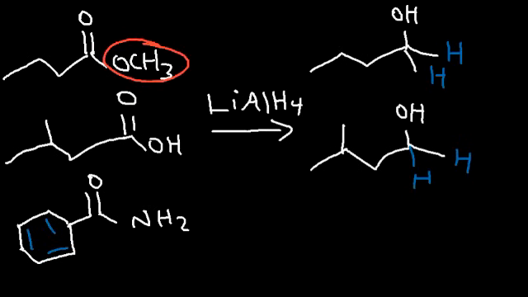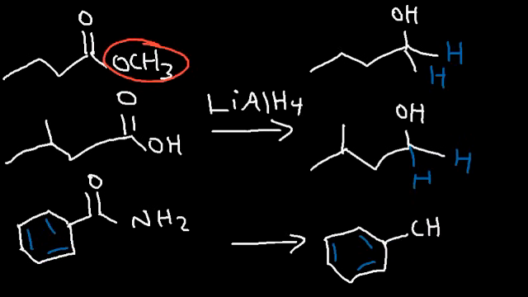Now, in the case of an amide, the NH2 group will not leave. However, this oxygen will leave. It's going to be replaced with 2 hydrogen atoms. So the amide will be reduced to an amine. And so it's going to look like this.